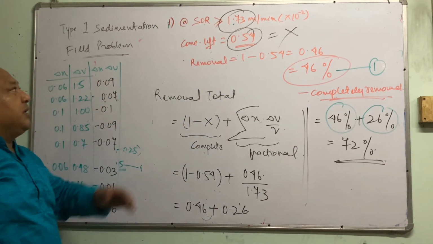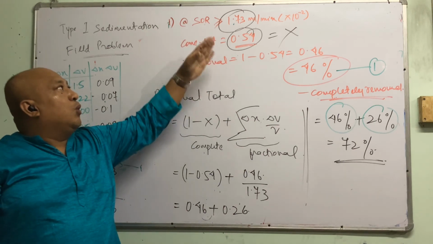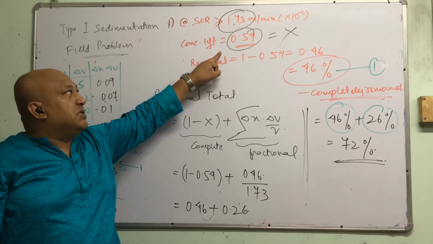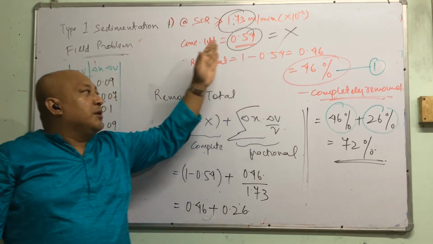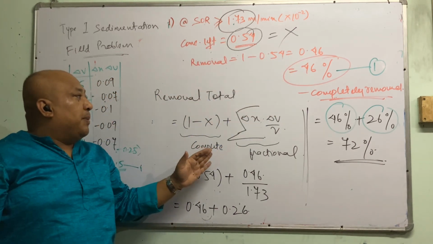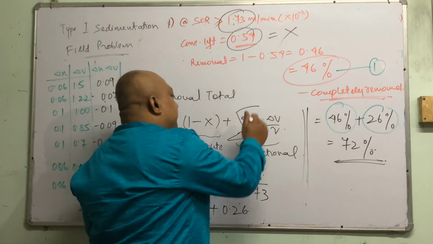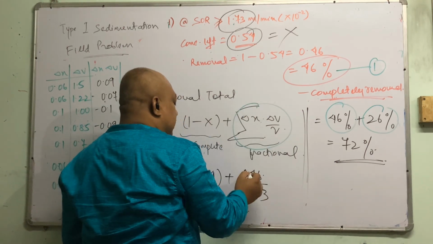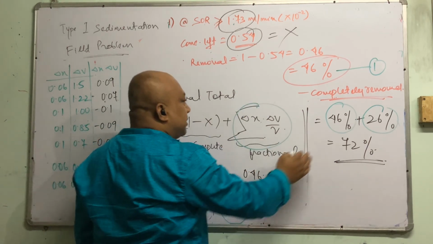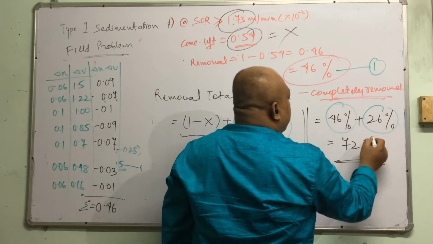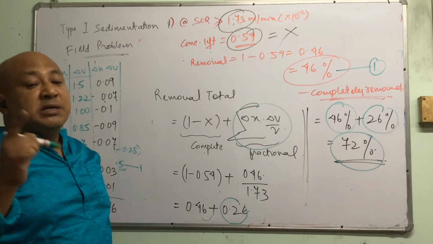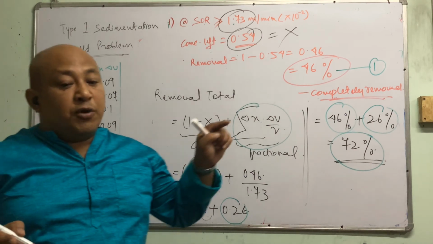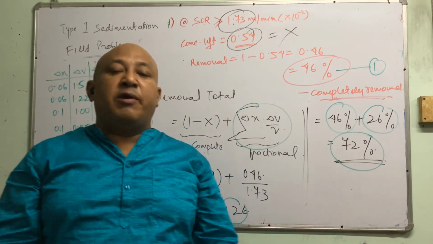Based on this we have two removals. One is for particles higher than SOR 1.73, that is 46%, and for those below the settling velocity, partial removal of this value is coming as 0.26, 26%. Therefore the total efficiency of the plant will be 72% based on the incoming water characteristics, right?